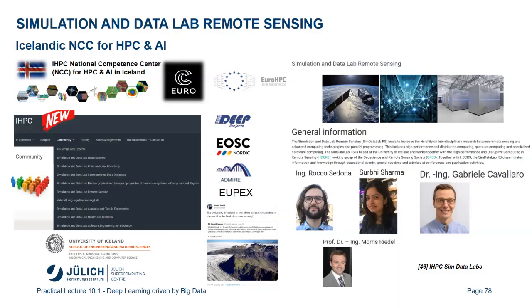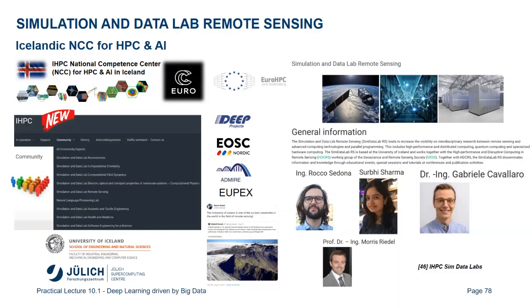This lab cooperates with a new working group from the IEEE Geoscience and Remote Sensing Society, GRSS, which I'm leading. This group is called High Performance and Disruptive Computing and Remote Sensing. From the website here, you will find the direct link.